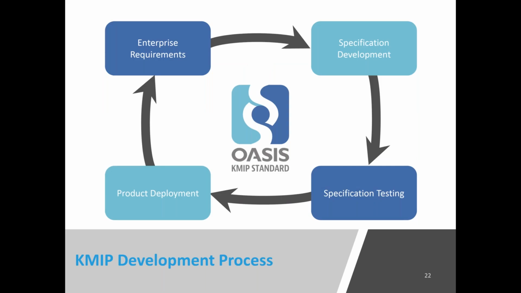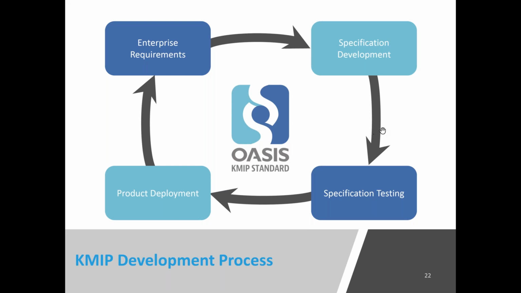Which leads me back here. So for those who have joined today's webinar who are not members of OASIS or members of the KMIP Technical Committee, if you are bumping into KMIP in the environment or you have requirements, things that you think the KMIP specification should be covering or covering in a better fashion, we would welcome those requirements. There are multiple ways to do that. You can post an email to the KMIP comments list, which we are obliged as a TC to respond to, and that email address is available from the KMIP TC homepage.